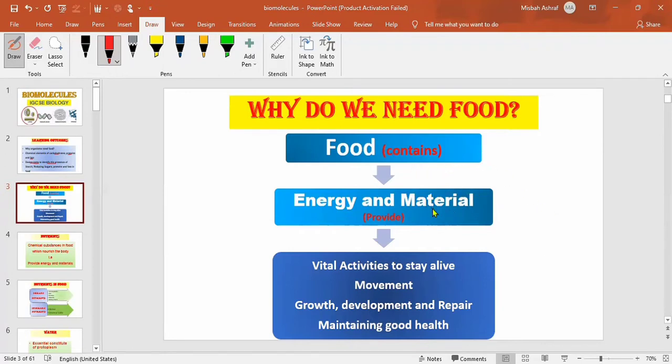These materials might be important for the development and growth of the bones, like calcium and phosphorus, or they might be part of hemoglobin, like iron. All these materials are present inside the food. So food is very important for providing us energy, and also for the growth and development of our body. This is the reason that we need food.